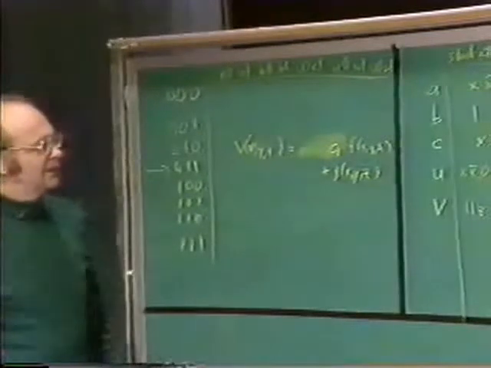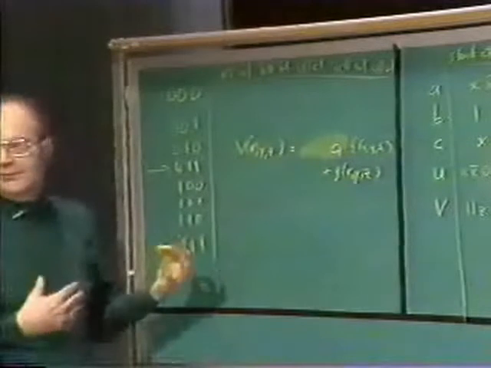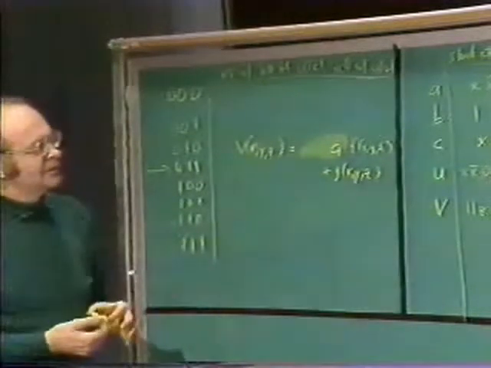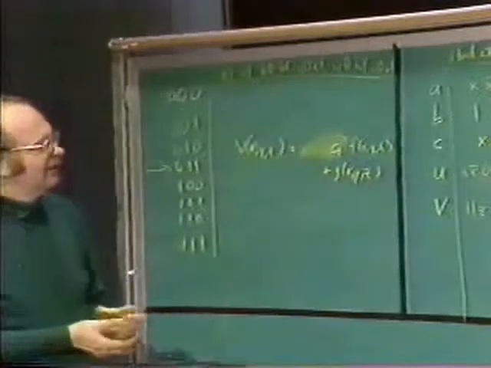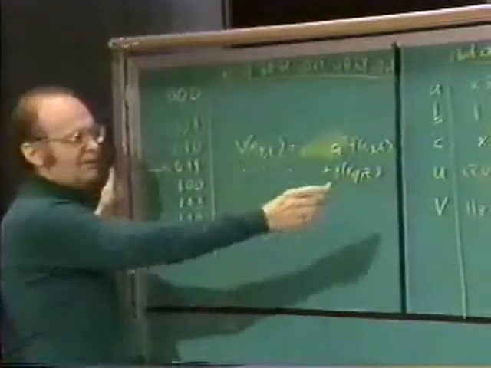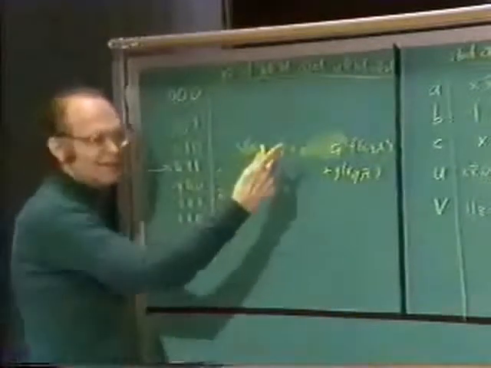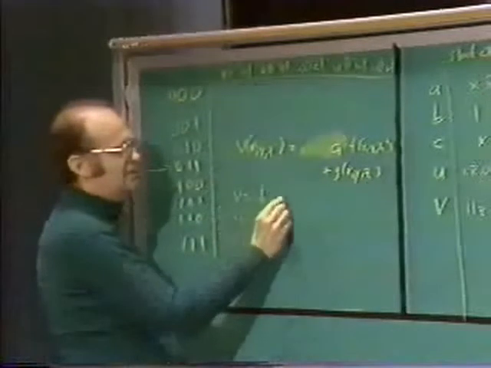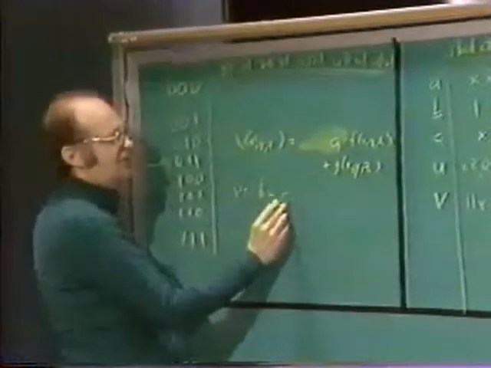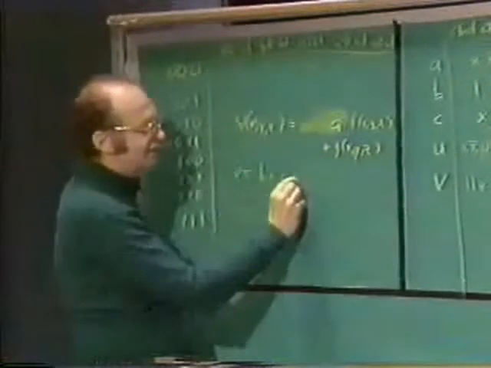Now the condition that A is recognizable in the output is then what? Let's actually do the calculation so that you see what I'm getting at here. So V is equal to B or C. So that's B plus C plus BC, where plus is exclusive OR, addition mod 2.